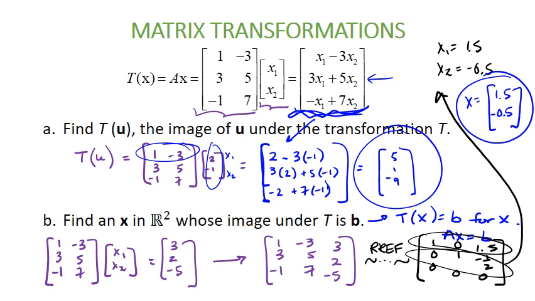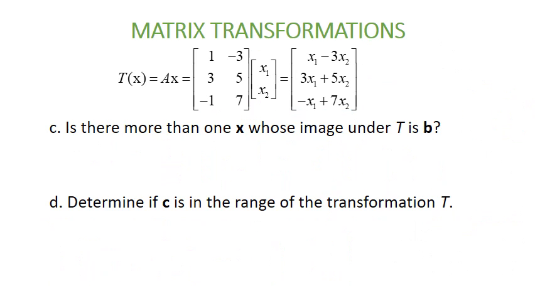There are two other parts that we're going to address in this question. The next one is: is there more than one x whose image under T is B? This type of question is a uniqueness question.